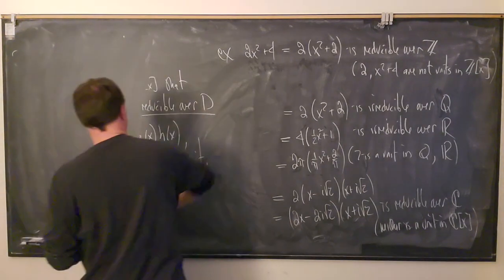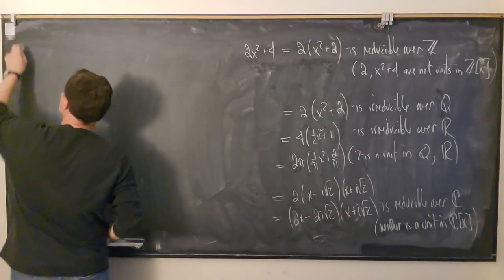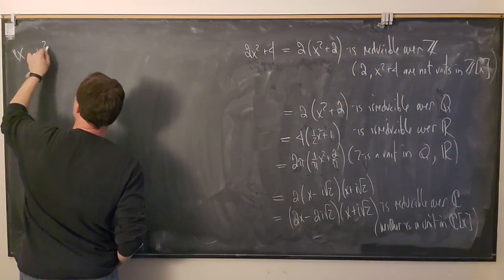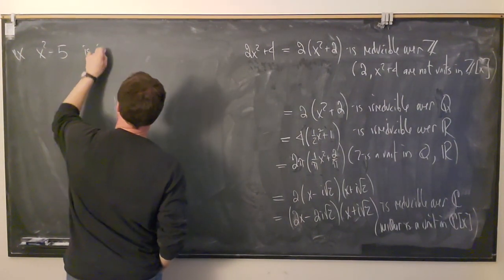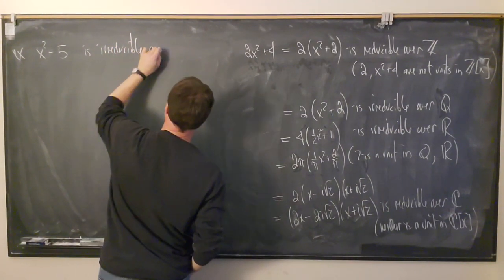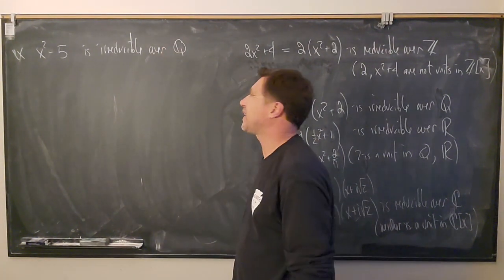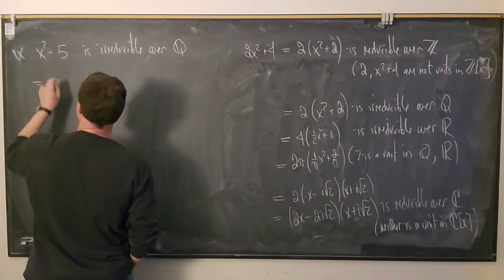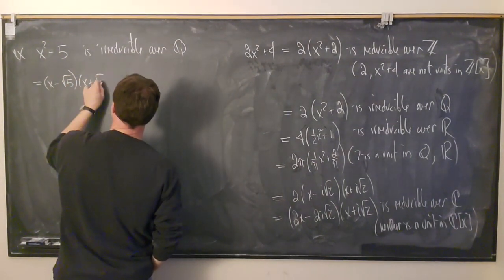Okay, so let's look at some more examples. Next example, let's look at x squared minus 5. This is irreducible over Q, right? We know how to factor this polynomial: x minus root 5 times x plus root 5.